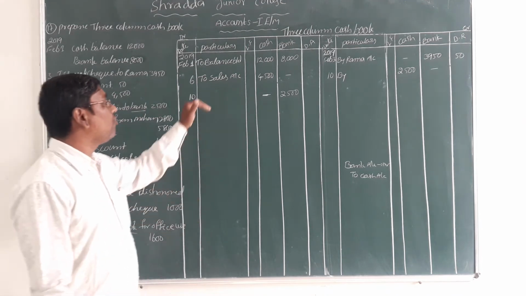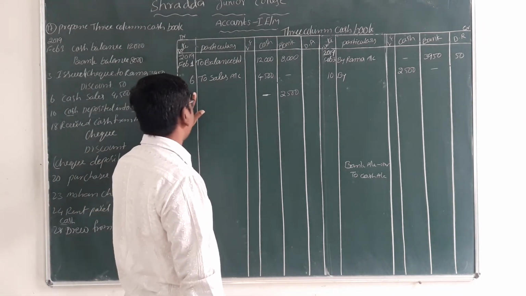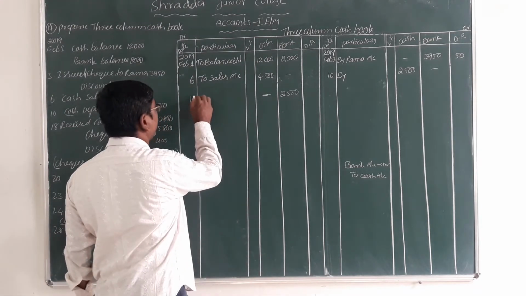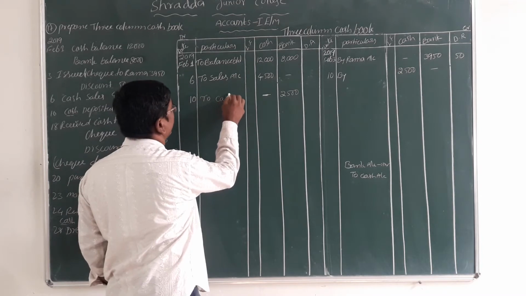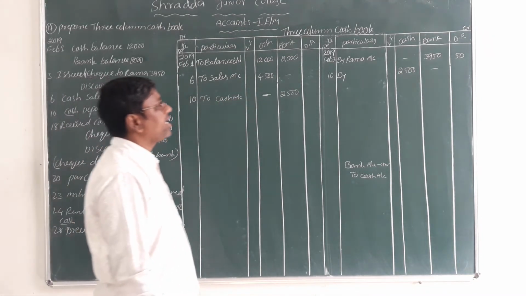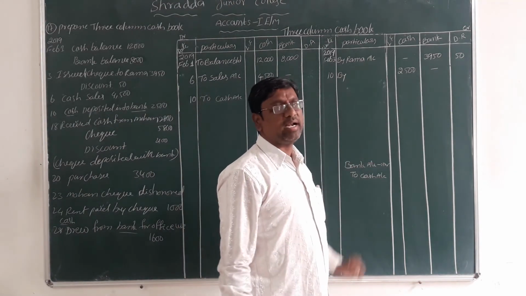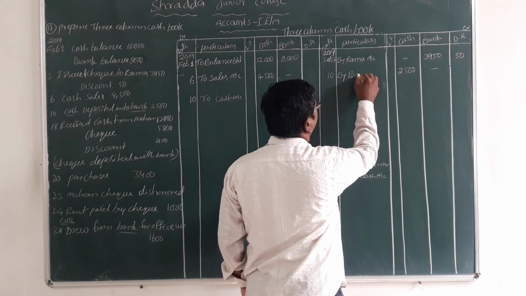It's clear. Now, how do we write? Bank account Dr. We don't write just bank. What do we write now? To cash account. Here, for cash account, we don't write just cash. What do we write here? By bank account.